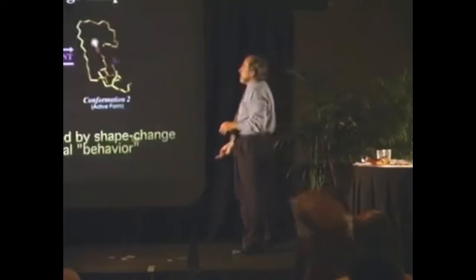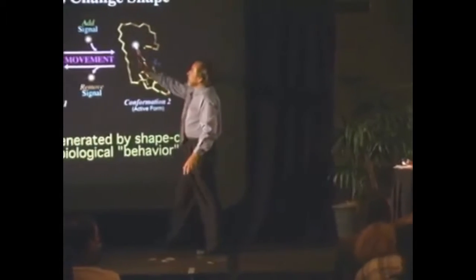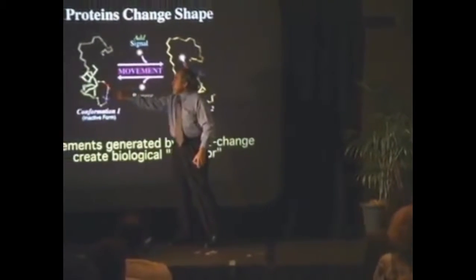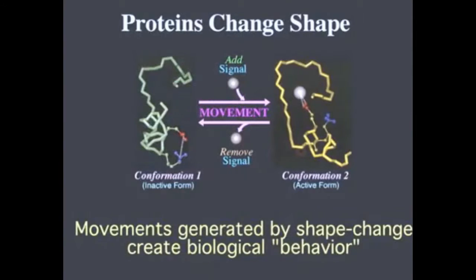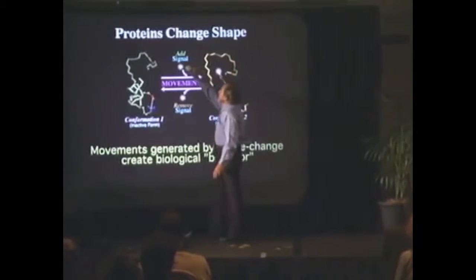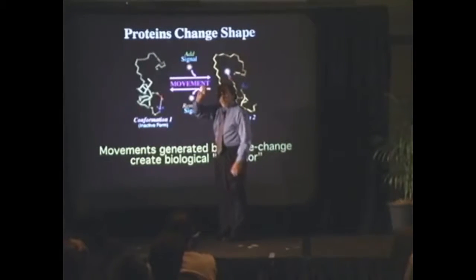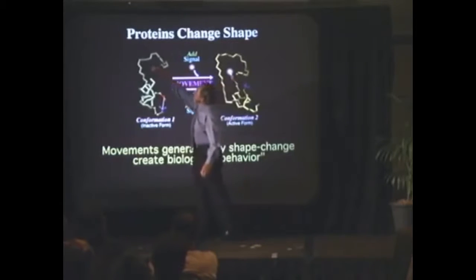And here's the point about it, and this is interesting because this is right out of a science journal. This backbone here, this protein in green, is the same one that's in yellow. In this case, this is a protein that causes muscle contraction in your body, and it depends on this signal. The signal is calcium. When calcium shows up, it plugs into the hole.